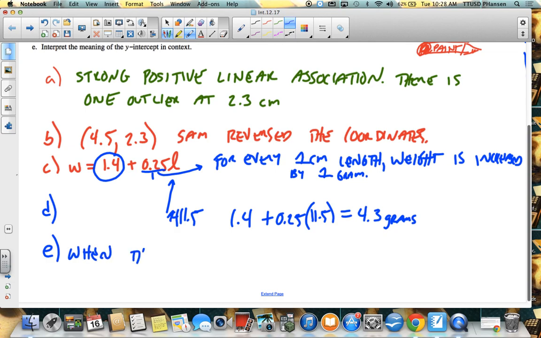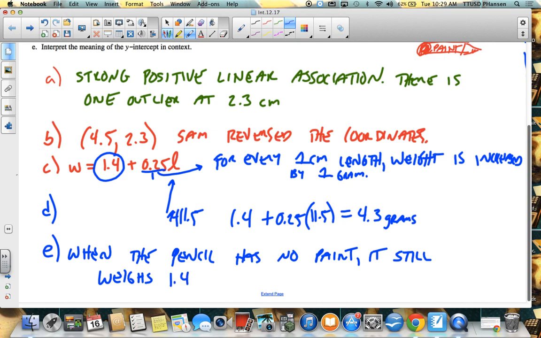So when the pencil has no paint, it still weighs 1.4 grams. All right, I'm going to now try to pause this.